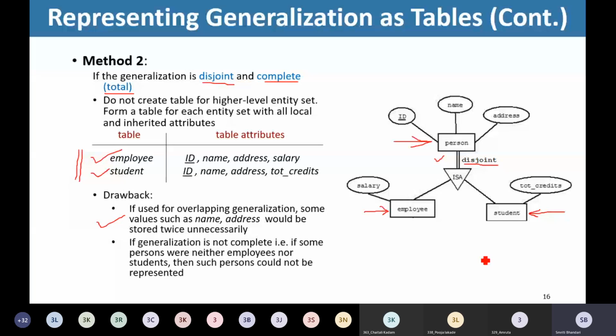It is not possible for me to store the data related to such persons, those who are not employees or students. So I will miss that information.